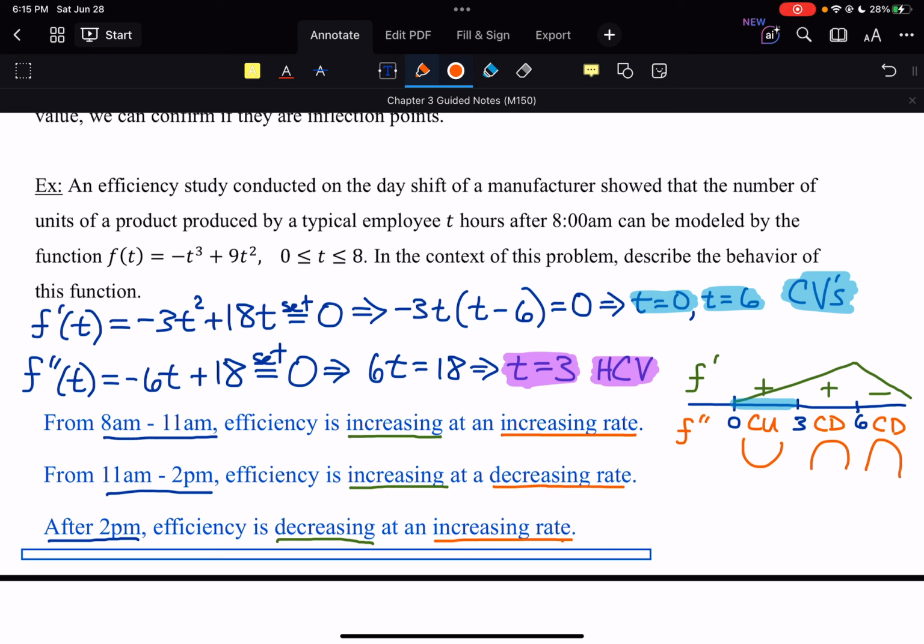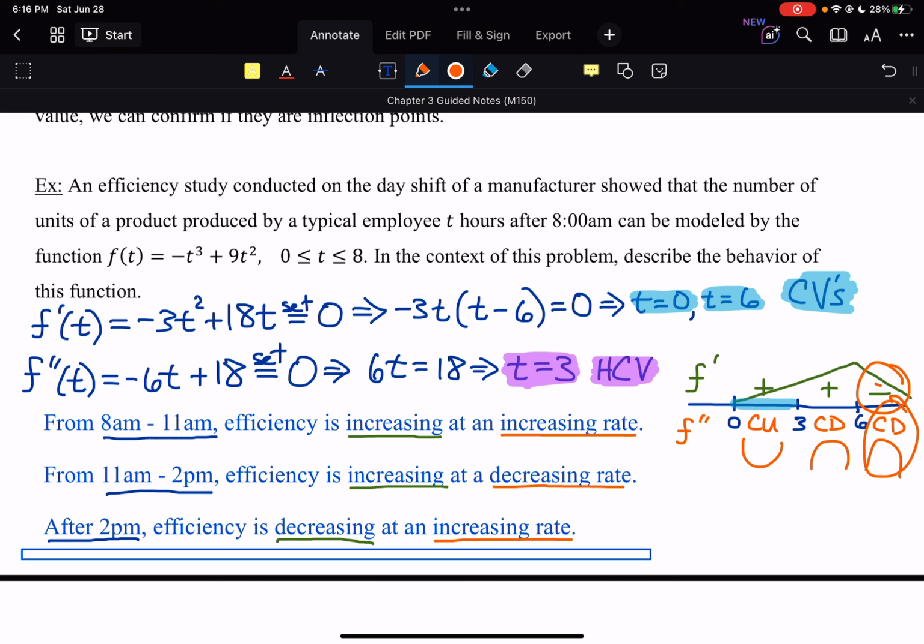Now, notice increasing rate and decreasing rate, it's all relative here. So because this one is going up and bending up, it's increasing at an increasing rate. Because this one is going up but bending down, they're working against each other, it's increasing at a decreasing rate. So these are opposites. But with this one, it's decreasing at a decreasing rate.